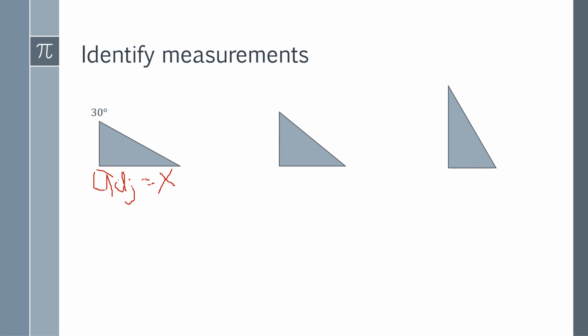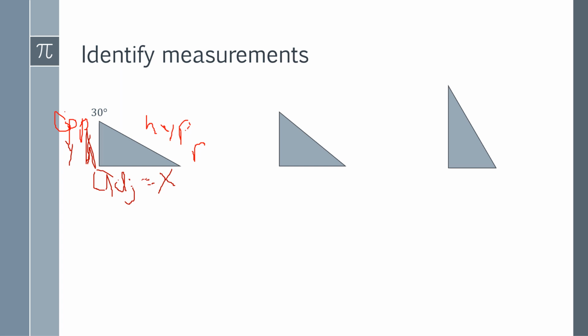And then over here, this is your short leg. And that's going to be your y. So your opposite is your y, which is your short leg. And then we know that your hypotenuse is the radius of the circle.